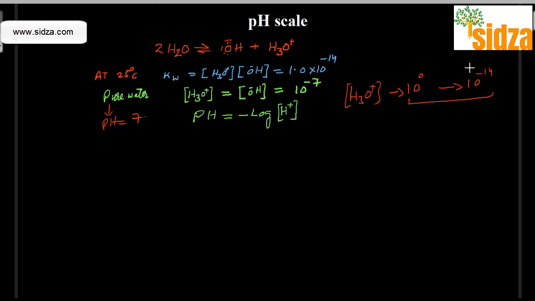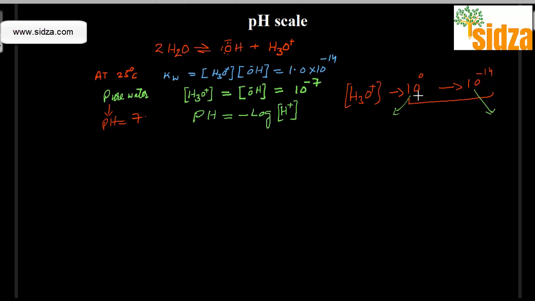We can prepare solutions other than this, but they are very rare. Most of the solutions that we use are in this range of H3O positive ion concentrations, correct? So these two will be the two extremes of a scale, which is called the pH scale.